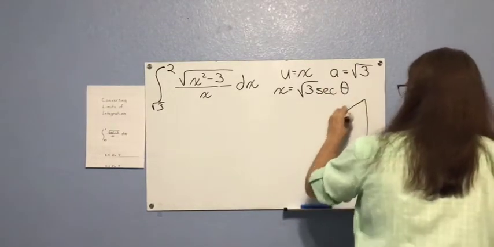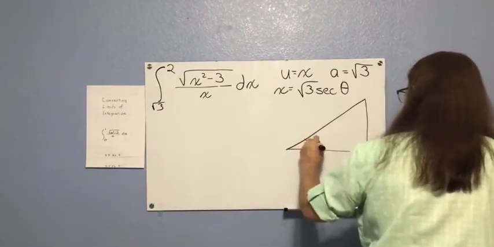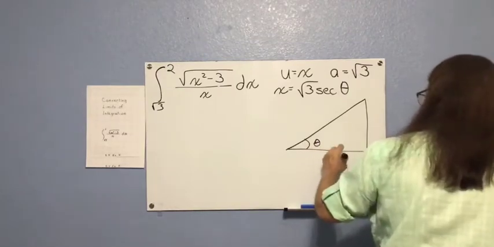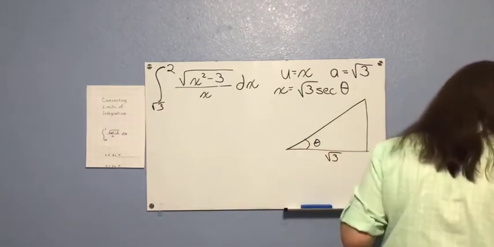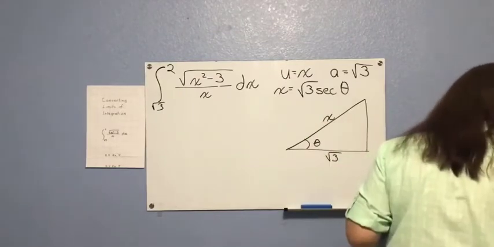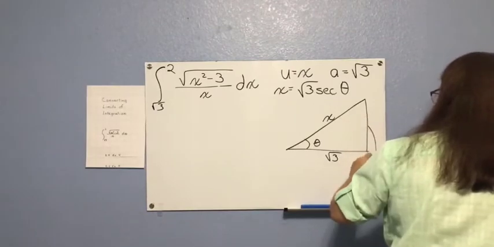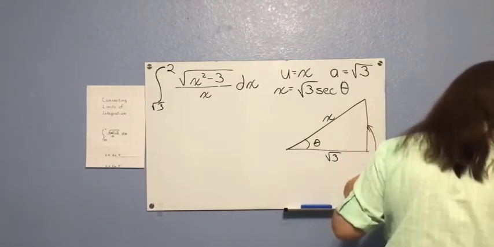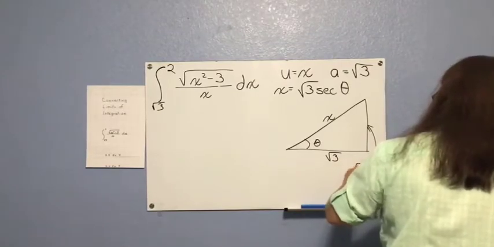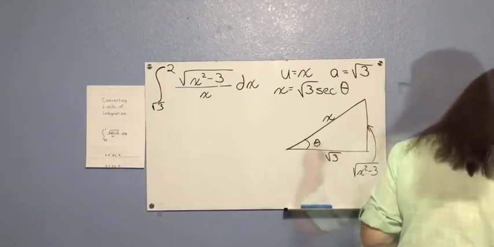Here's our triangle. Square root of 3 is here. X is up here. And then this is our radical, square root of x squared minus 3.